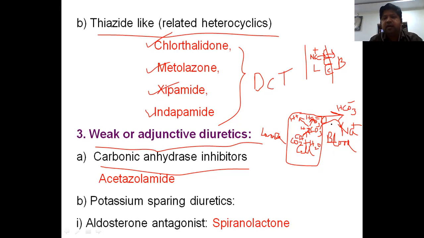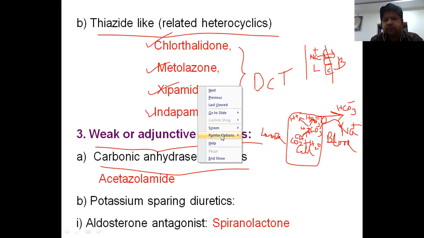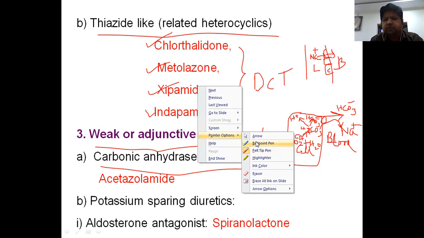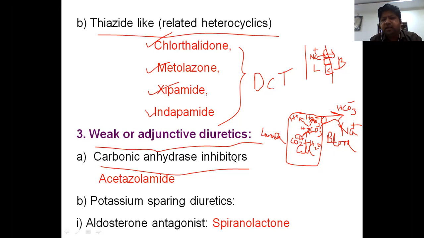So that is what is happening here. Carbonic anhydrase inhibitors are going to inhibit this enzyme CA, carbonic anhydrase. The minus sign indicates inhibition. When carbonic anhydrase is inhibited, even though carbon dioxide and water unite, they don't get converted into carbonic acid.